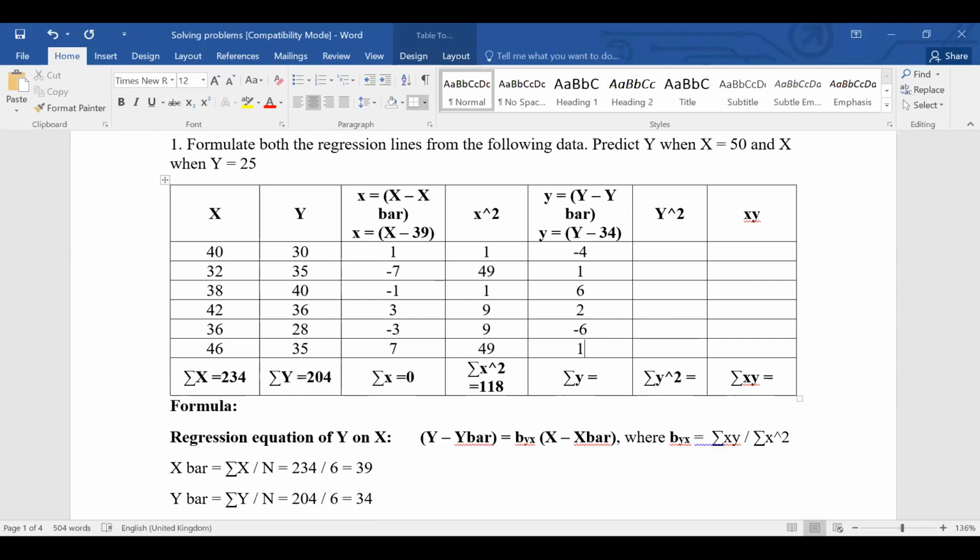Now, I think minus 2. Minus 6 plus 6 will be cancelled. I think minus 2, right? Minus 2.